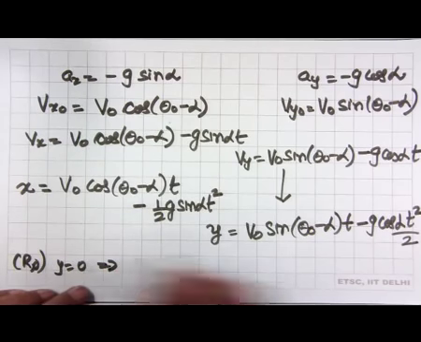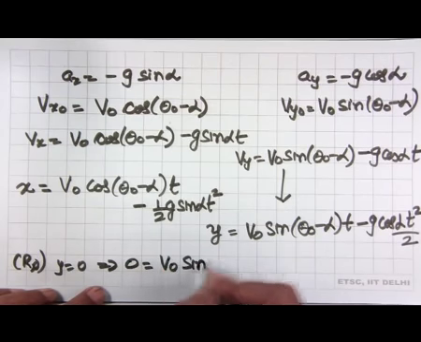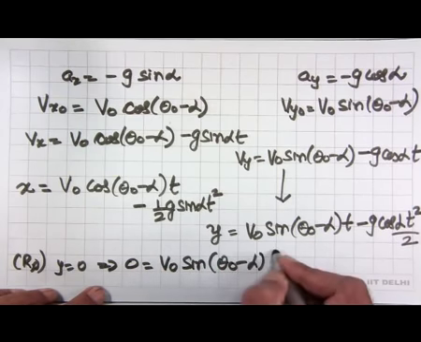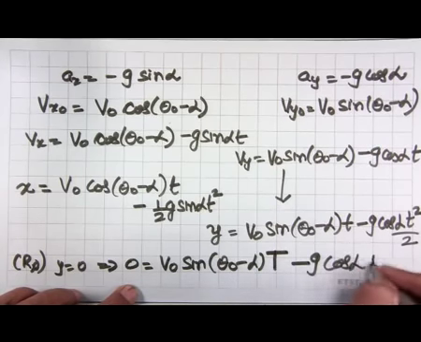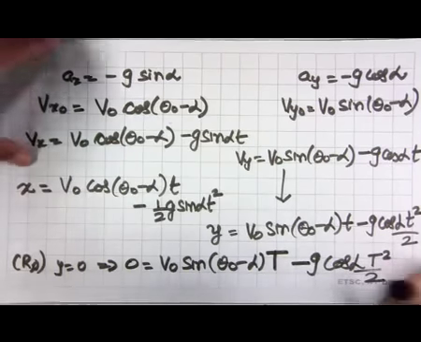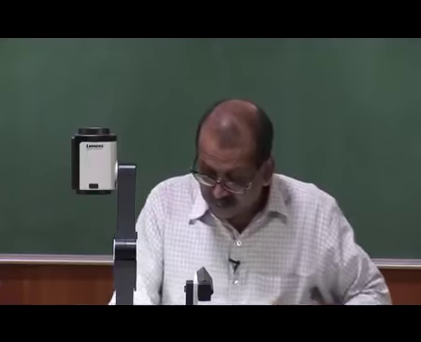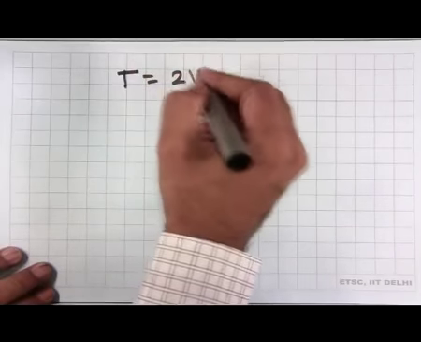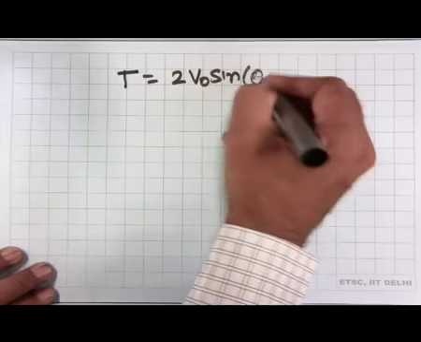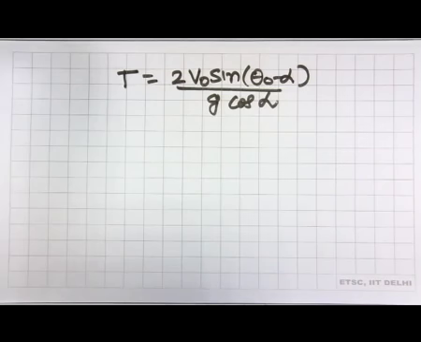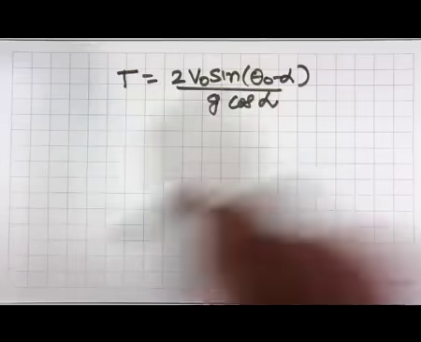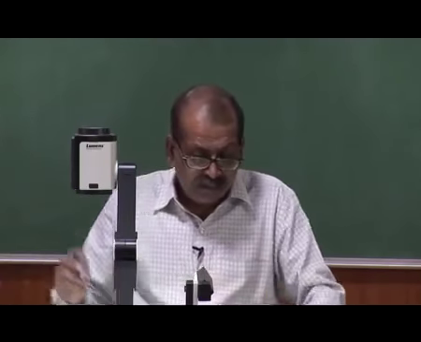So this implies 0 is equal to v0 sine of theta 0 minus alpha times t minus g cos alpha t square by 2, and from here we can get the value of t. We get t is equal to 2 v0 sine of theta 0 minus alpha by g cos alpha. This is the time which the projectile takes to come back on the plane.